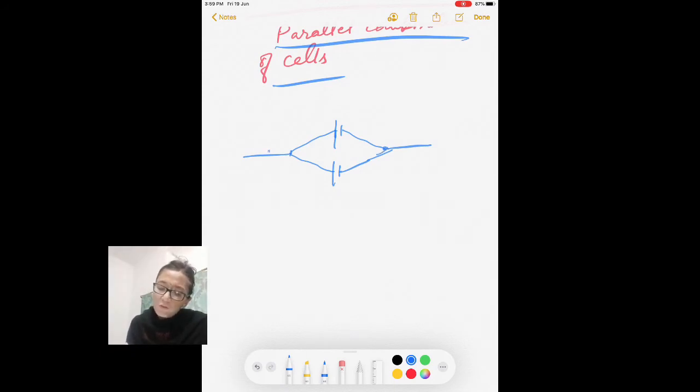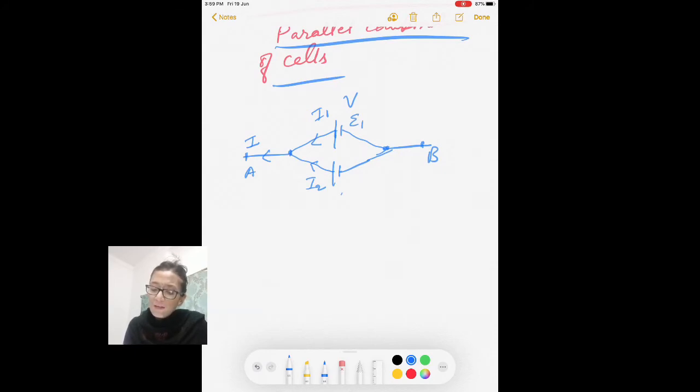Here suppose current I is flowing externally in between point A and B, and here you have I1 current and here you have I2 current, and it has the same potential difference. Suppose the potential difference is V for the cell with EMF E1.